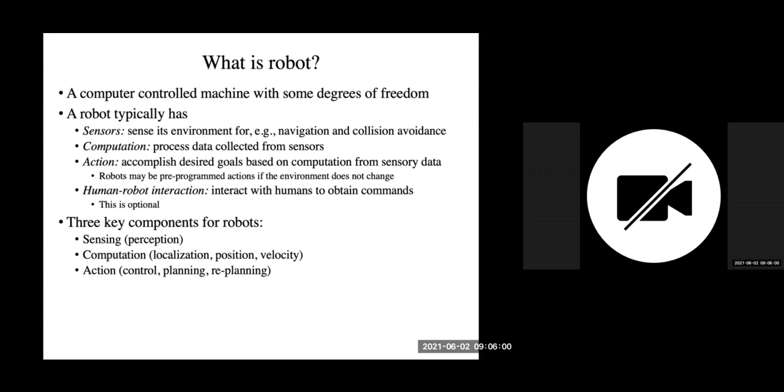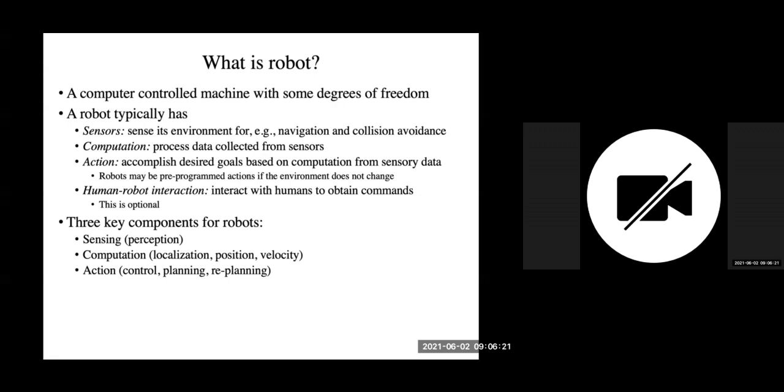What the sensors do is provide information about the environment. For example, for navigation, we have to see what's happening in the environment and try to avoid obstacles or other objects, so you have to see that. The computation processes the data collected from the sensors.